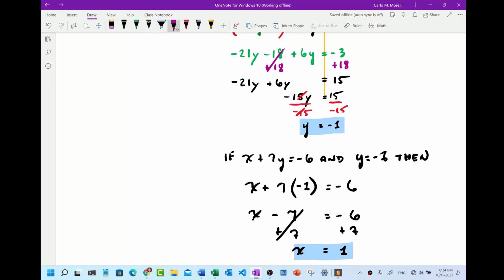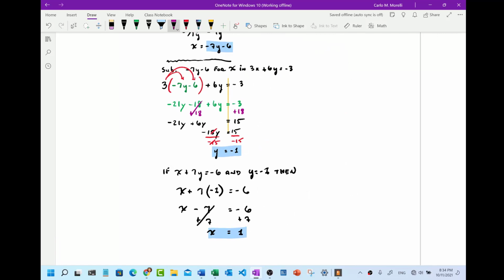In what quadrant is x positive and y negative? Okay, so the solution x comma y is going to be 1 comma negative 1. What quadrant is that in? Where is x positive and y negative? This would be Q4.